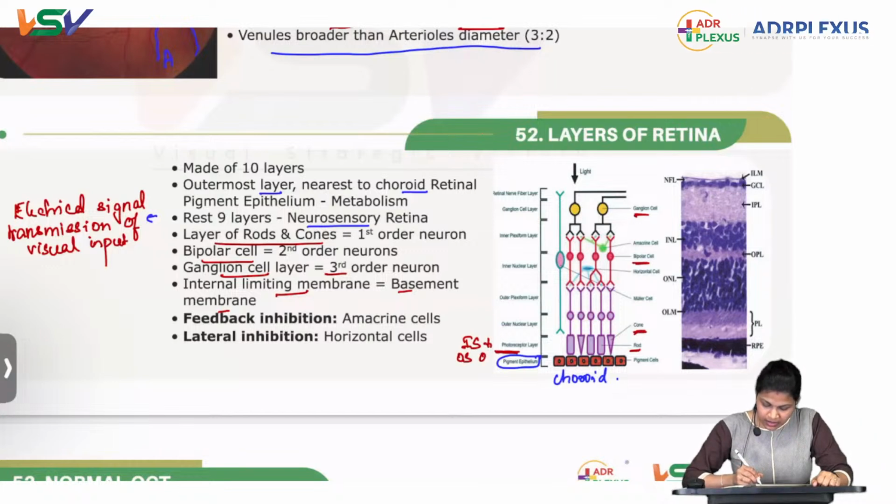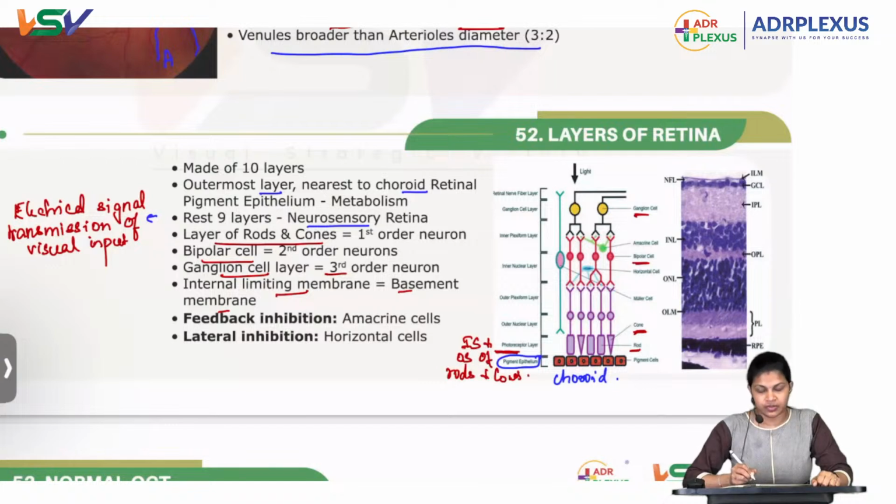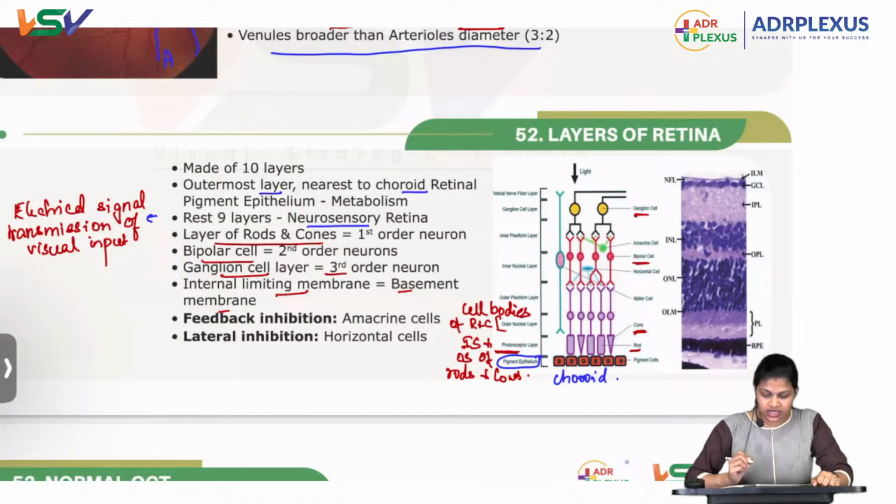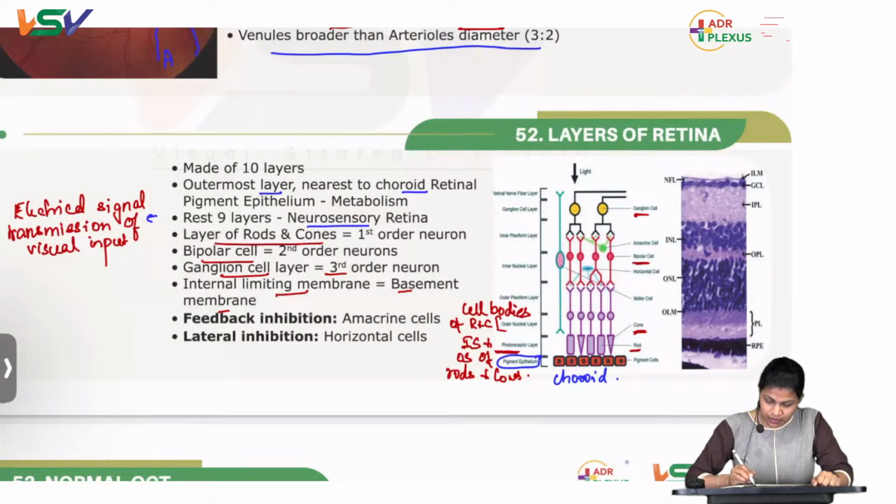Then there is the external limiting membrane, and the outer nuclear layer with the cell bodies of the rods and cones. Then they form a plexus, the outer plexiform layer. Then the inner nuclear layer, which contains the bipolar cells, amacrine cells and horizontal cells. Then the inner plexiform layer, ganglion cell layer, retinal nerve fiber layer, and internal limiting membrane.